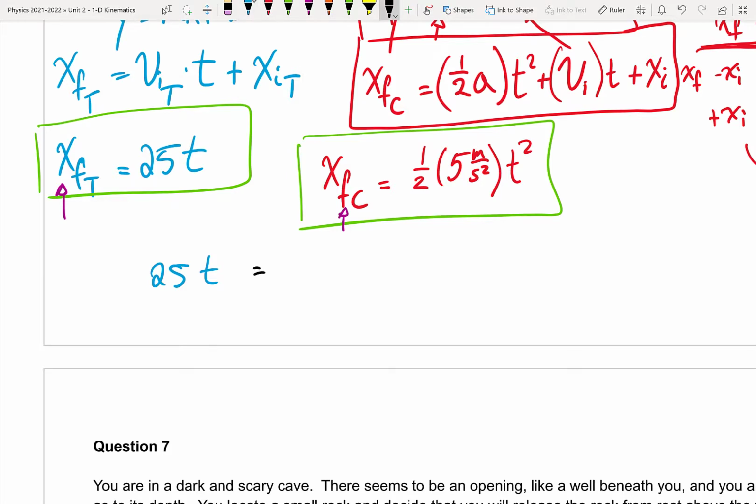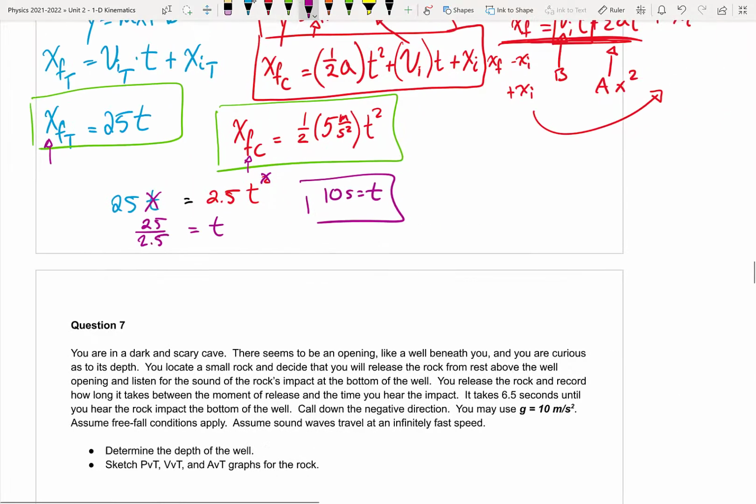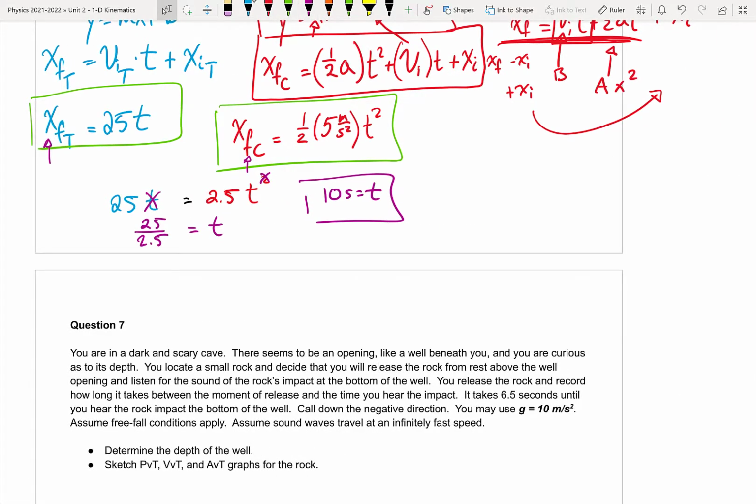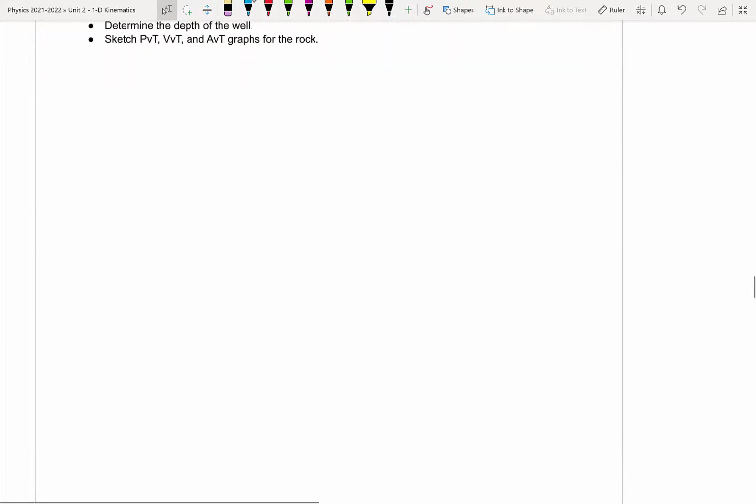We get 25t equals half of 5, which is 5 halves, or 2.5, times t squared. And then we lose a t here, we lose a t here. So we've got 25 over 2.5 equals t. And so we've got 10 seconds for them to intercept or get to the same spot.